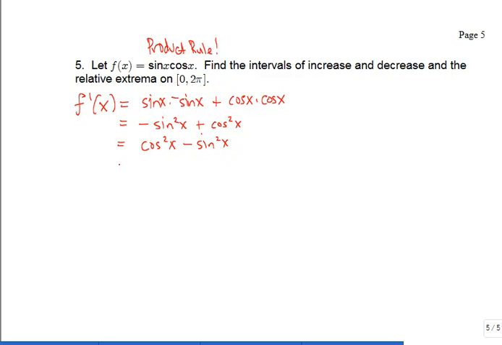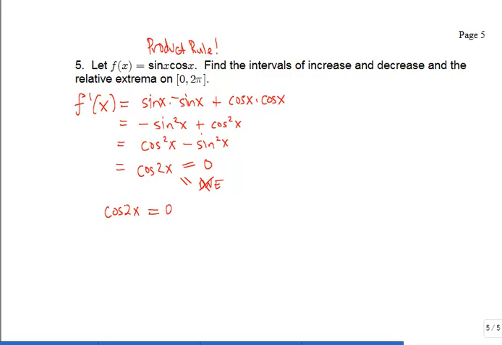And it's probably going to behoove you to change this to cosine of 2x because it'll be easier to work with having just a single function here instead of having two separate functions. Now when we're trying to find our critical numbers, we're trying to find out when this is 0 and when this is DNE. Now cosine never becomes undefined, so we don't need to worry about that, but we do need to know where cosine of 2x will hit 0.